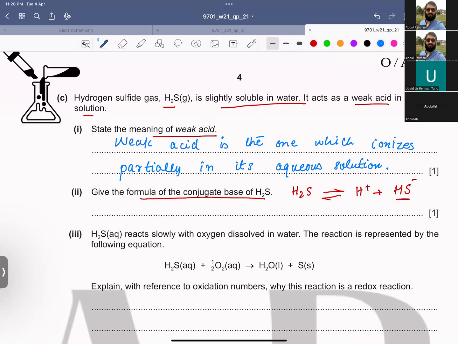So this HS negative is the conjugate base, and they have asked you to write the formula. So we'll write HS minus, or HS -1.